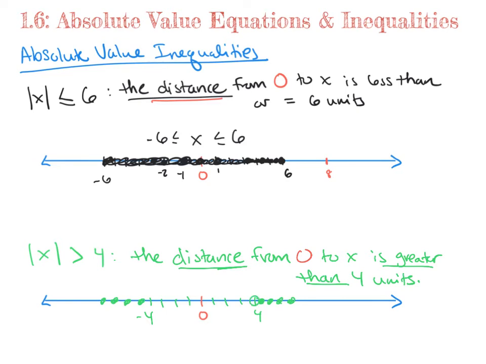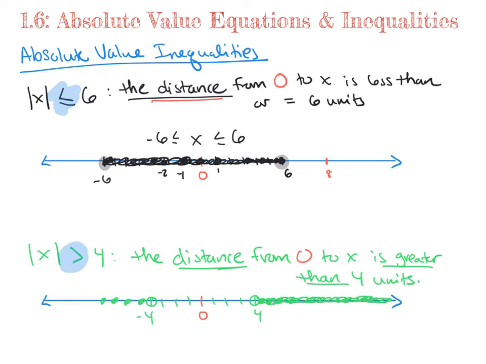They cannot be equal to 4 or negative 4 because we don't have an equality sign underneath our inequality sign. We did up here. That's why we can have these equal to the 6's at both endpoints. So what we would get for this one is the x's could be over here.